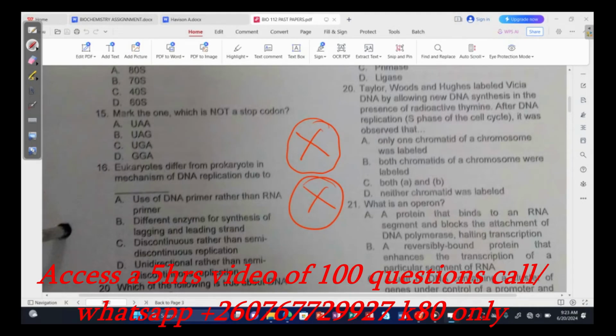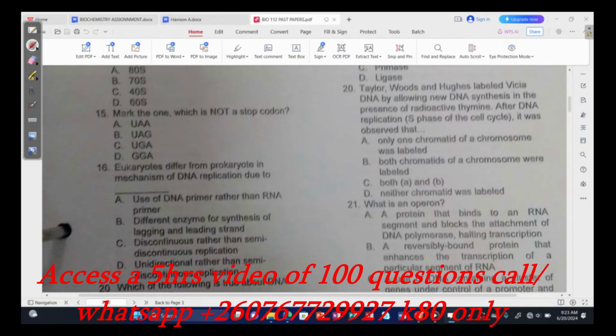But what they discovered is that half contained labeled radioactive thymine and the other half was unlabeled, which is just what Meselson and Stahl discovered. So A is saying, what did they observe? Only one chromatid of the chromosome was labeled.